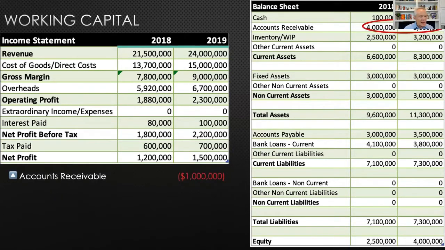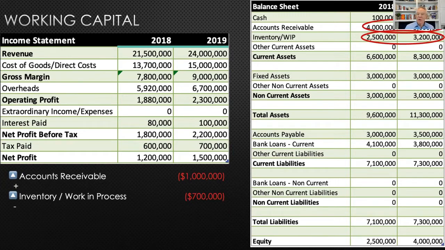So notice here that accounts receivable went from 4 million to 5 million. Well, there's $1 million in cash right there in accounts receivable. And notice that inventory or work in progress went from 2.5 to 3.2 million. So there's another 700,000 in cash that was consumed by the business.